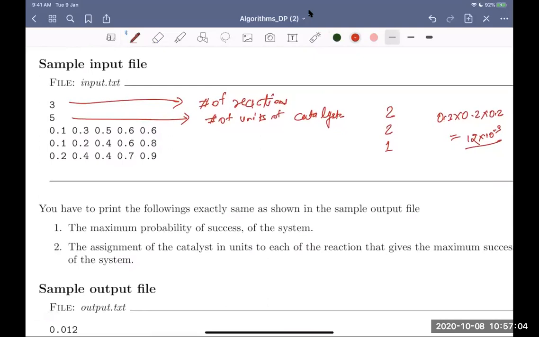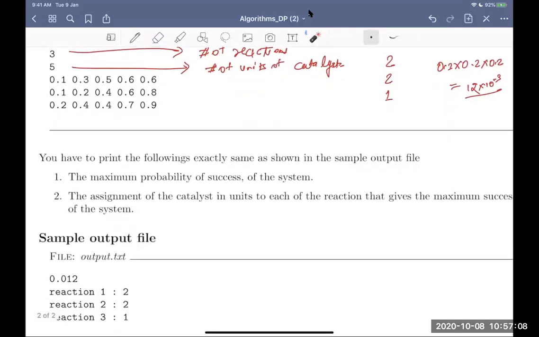And you have to print this as shown in the sample output file. First of all, you have to print the probability of success, which is the maximum value as per your dynamic programming algorithm.